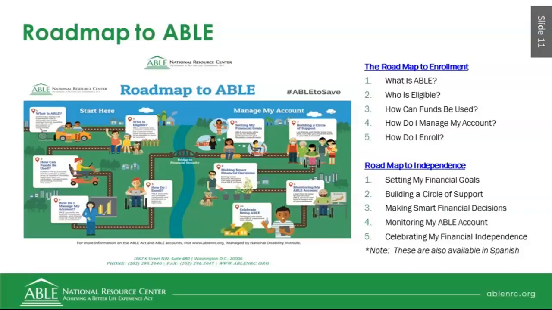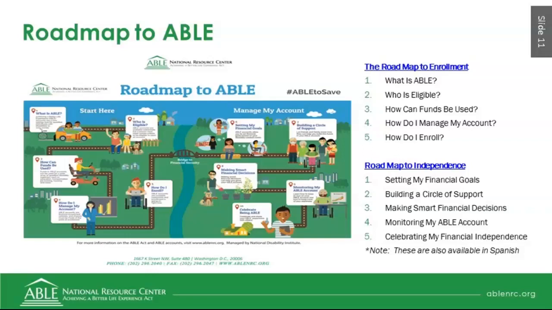Once you've enrolled and have an ABLE account, you're going to want to check out our next roadmap, the Roadmap to Independence. This roadmap is located on our homepage, again, www.ablenrc.org, under the Managing My Account tab. This roadmap for ABLE account owners also comes with short videos and direction to guide you through the steps to make the most of your ABLE account, which is along the lines of our webinar today.